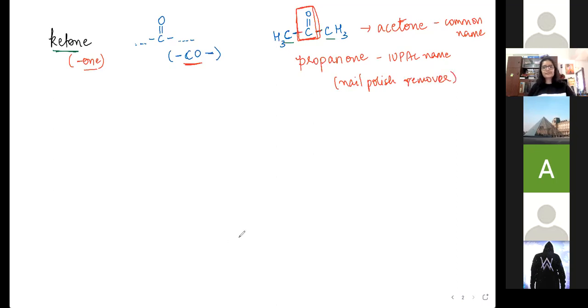Here, acetone, propanone, you have used a ketone. It's not a strange chemical. So do we say the formula as C3H6O or C2H6CO? Neither. If you want to describe this, you write it as CH3, CO, CH3, or you just say acetone.